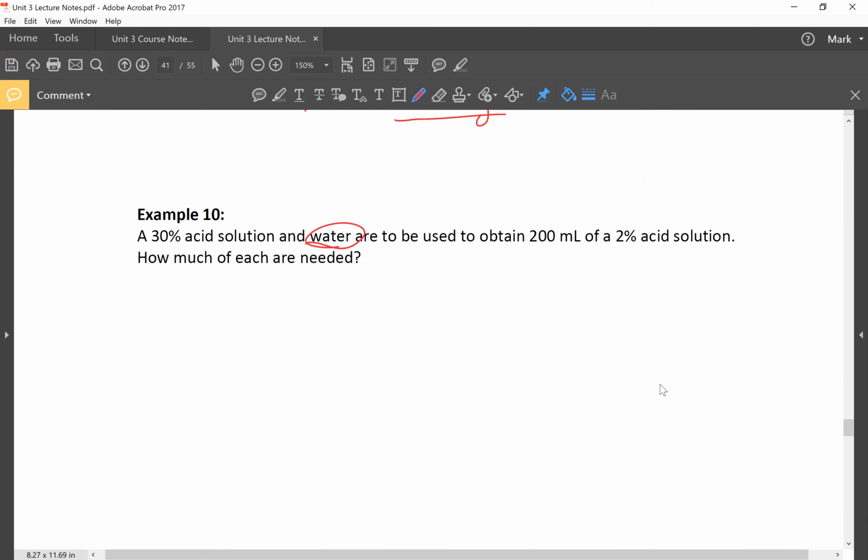So let's set this one up. A 30% acid solution and water. My mixture of acid plus my water are going to make 200 milliliters of 2% solution. The amount of acid, I'm going to call x, and the amount of water will be 200 minus x.